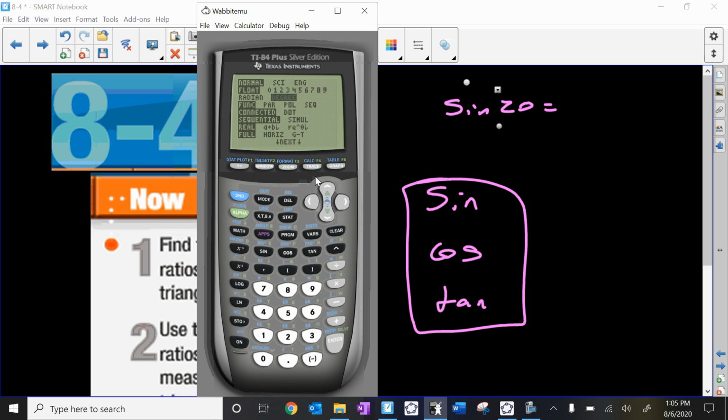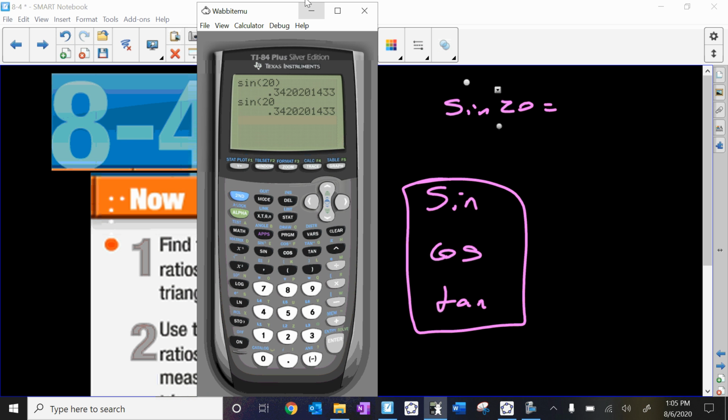Mine was already highlighted, so it's not going to change mine at all, but it will change yours. Once you get it changed to degree mode, then you can press second, quit, and then I want you to type it in again, sine of 20, and you should get the correct decimal at that point. Okay, again, if you didn't get that, you'll probably want to stop this video and Google how to change your calculator to the correct mode as well.